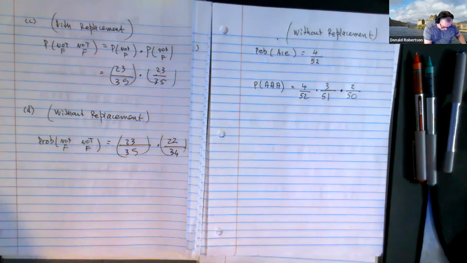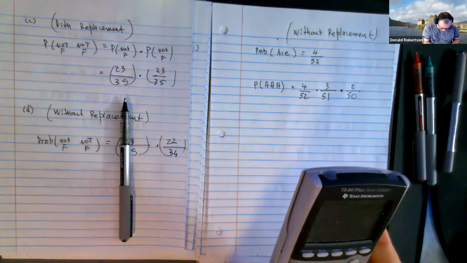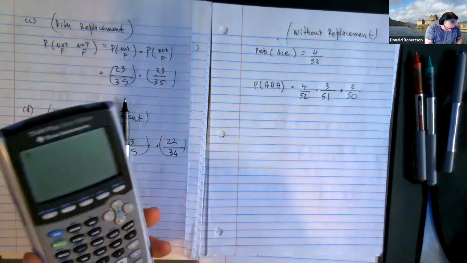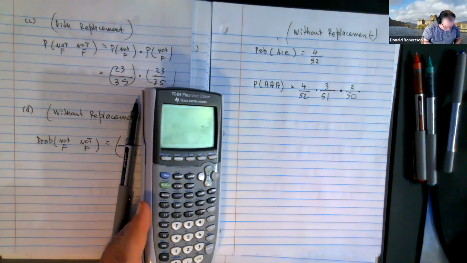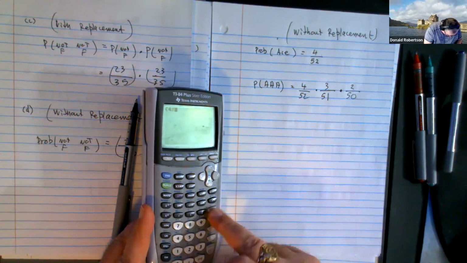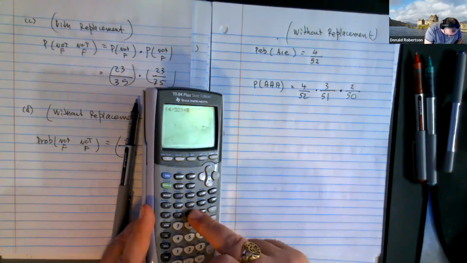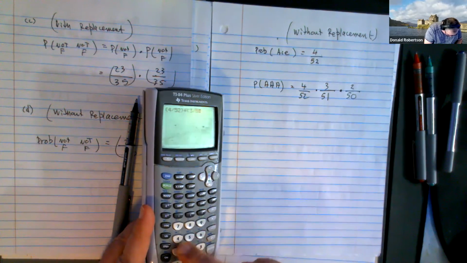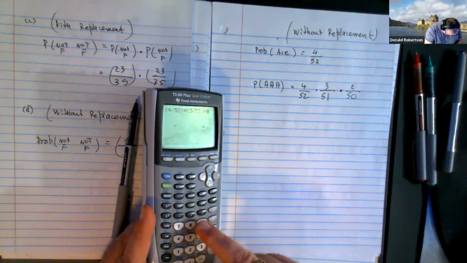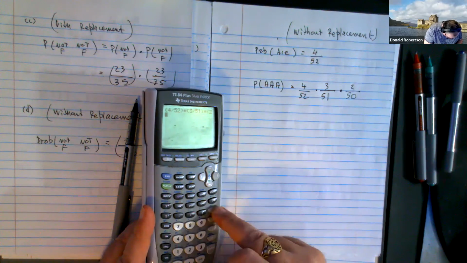Now, if you've ever played card games and somebody dealt you 3 aces, wouldn't you consider yourself very lucky? Let's see how unlikely that number is, because it should be quite tiny. So 4 divided by 52 multiplied by 3 divided by 51, times 2 divided by 50.